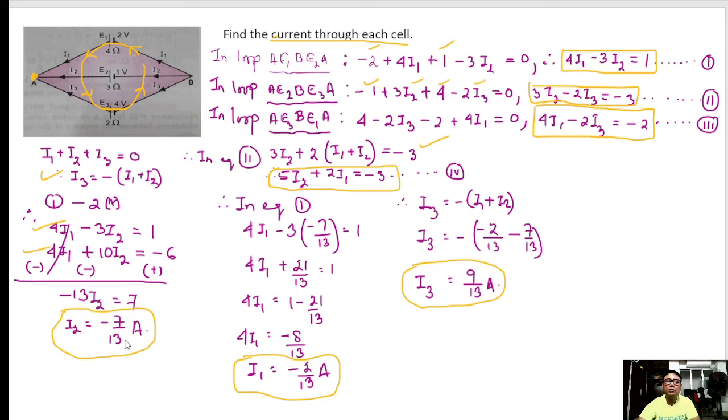Once we get I2, we can put it in equation number 1 in place of I2 and get I1. Now we know I2 and I1, so we can put it in this equation, I3 equal to minus of I1 plus I2, and we will get I3. So these are the currents coming out through the 3 cells.